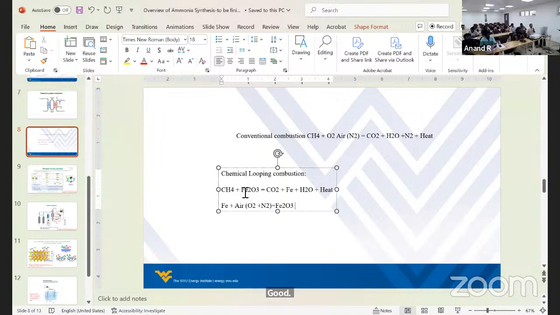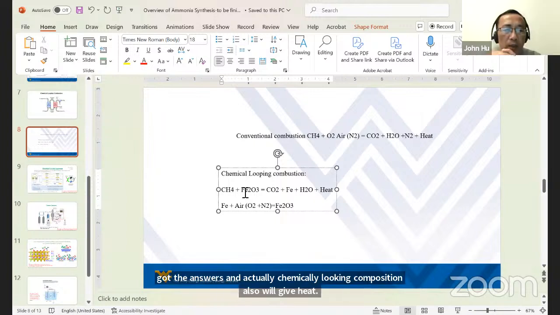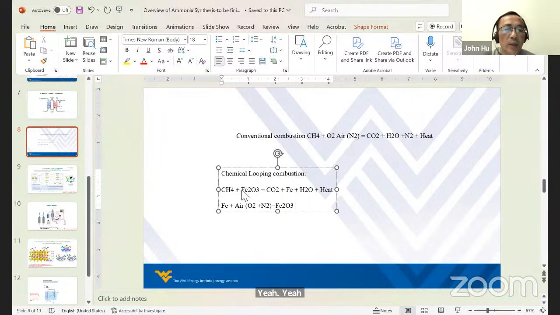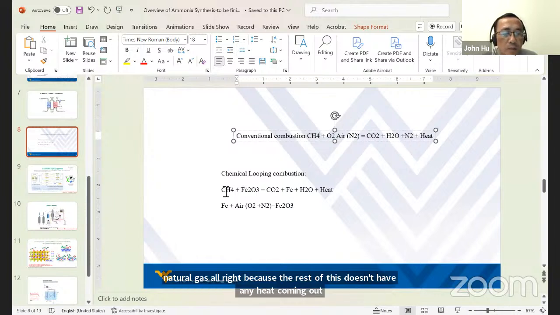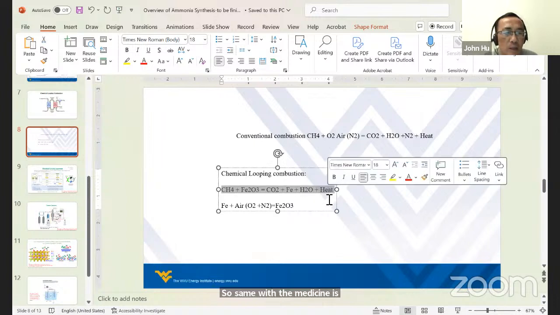Actually, chemical looping combustion also gives heat. Chemical looping combustion equally releases heat, the same as conventional combustion, because if you do the balance, it's the same thing as in here. If you do the energy balance, the heat essentially comes from the methane, natural gas, because the rest doesn't have any heat coming out. So with methane in chemical looping, the heat comes out as well.